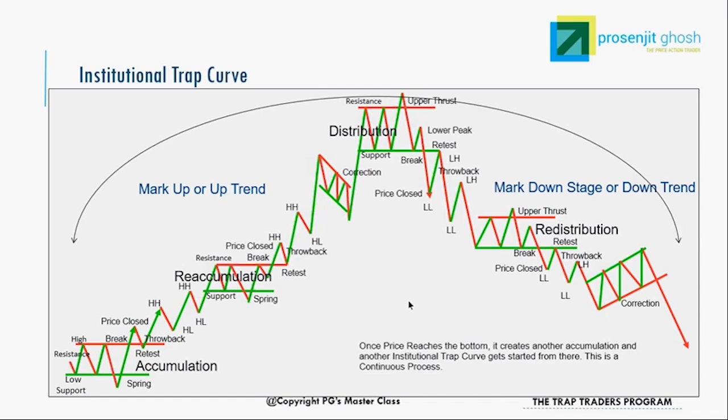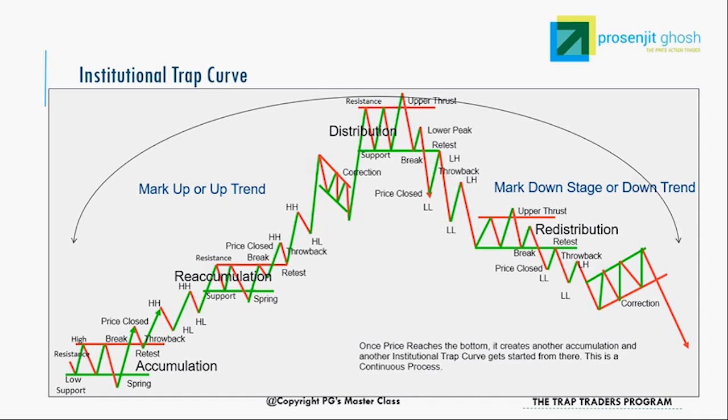If you zoom in, you may see this portion and try to find the entire Wyckoff or institutional trap curve here. And by this, you will mess up. You will think that, okay, this is not the thing which works. But once you completely zoom out, you will see everything is there in the chart.